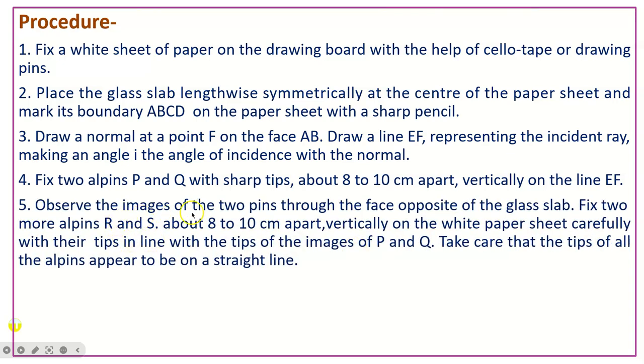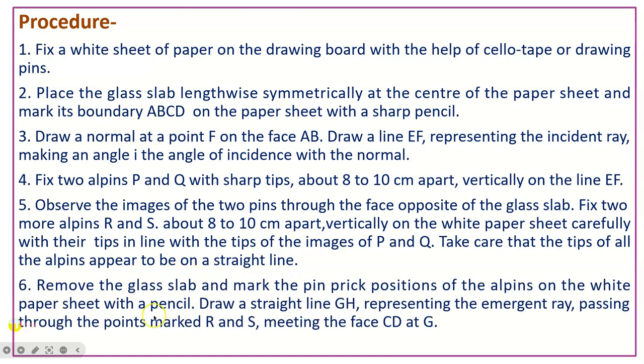Observe the image of the two pins through the face opposite of the glass slab. Fix two more alpins R and S about 8 to 10 cm apart vertically on the white paper sheet carefully with their tips in line with the tips of the images of P and Q. Take care that the tips of all the alpins appear to be in a straight line.